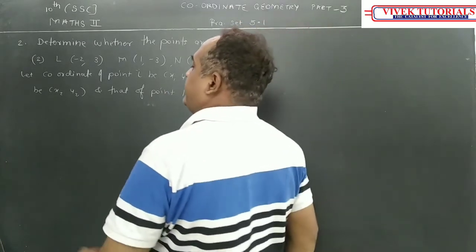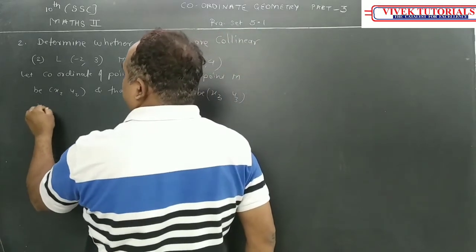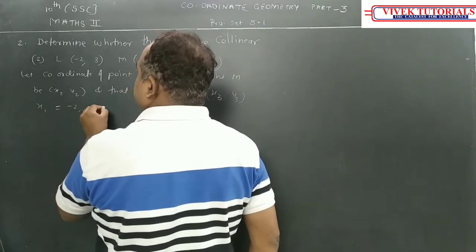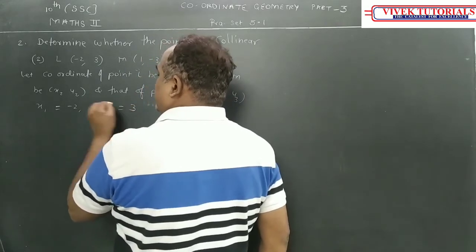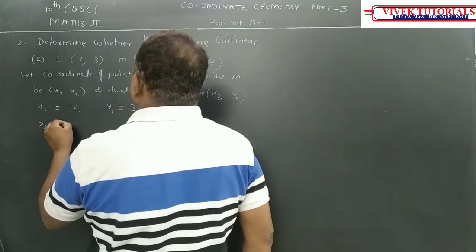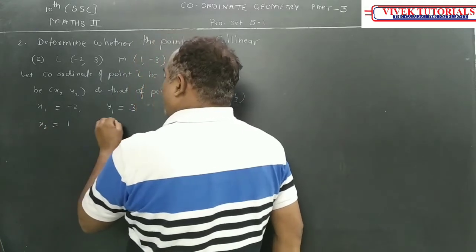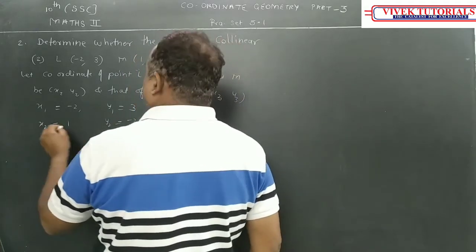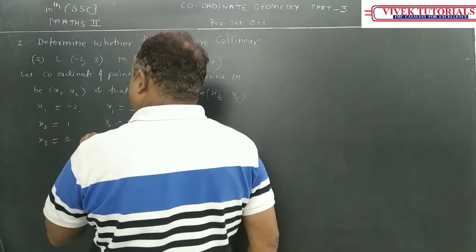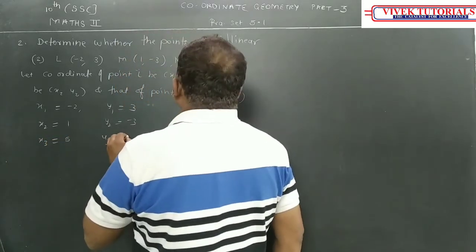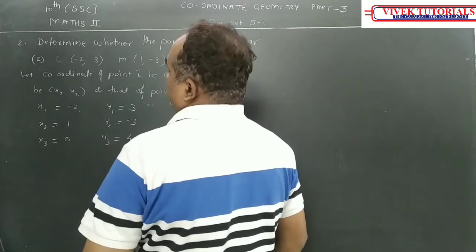So we can write it separately as x1 is equal to minus 2, y1 is equal to 3, x2 is equal to 1, y2 is equal to minus 3, x3 is equal to 5, y3 is equal to 4.